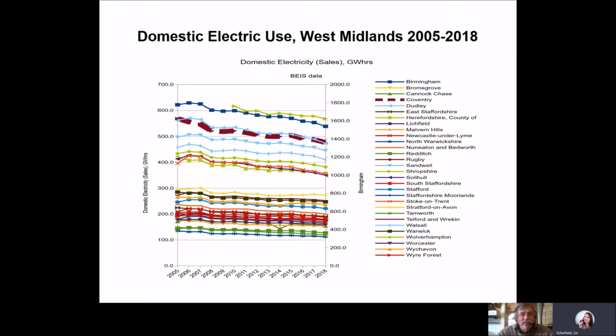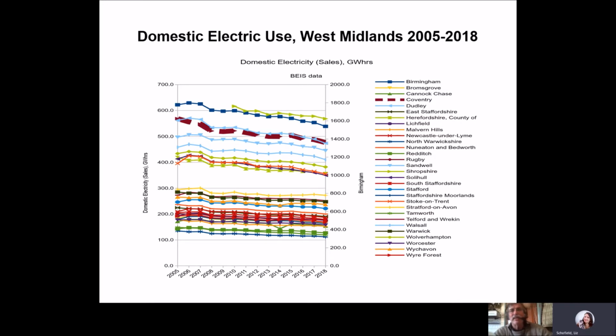But the thick brown dashed line up near the top is Coventry. And you can see that the trend in Coventry is the same as its near neighbors. The top blue line is Birmingham. The yellow line is Bromsgrove. There are lots of others, but there's no spike in Coventry. If you had suddenly lots more people arriving in the city, you'd think the line should lift upwards. You'd have an increase in electricity consumption.